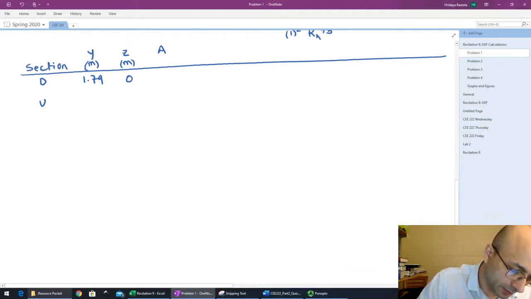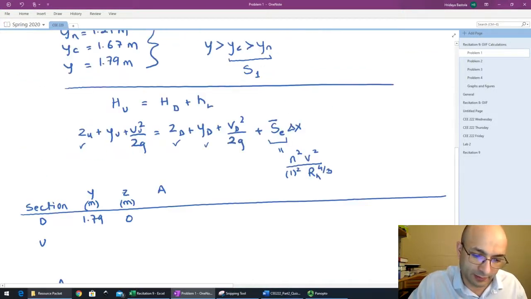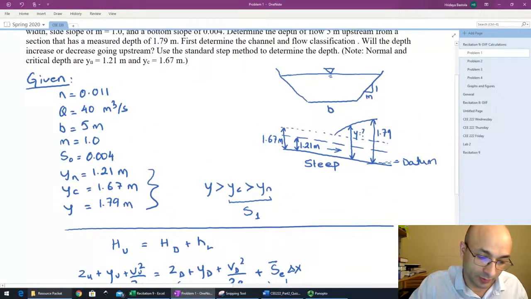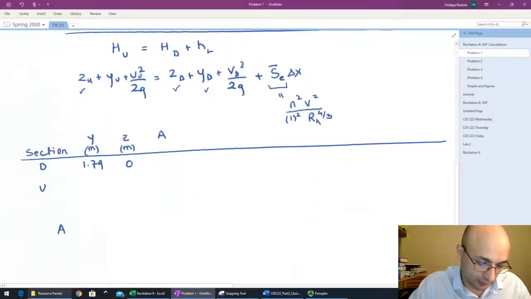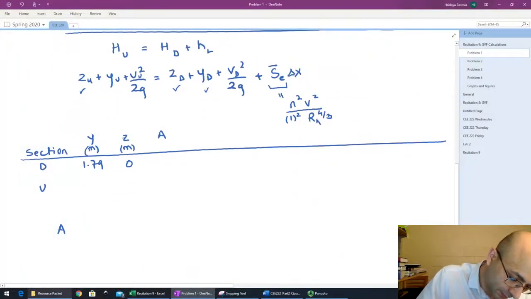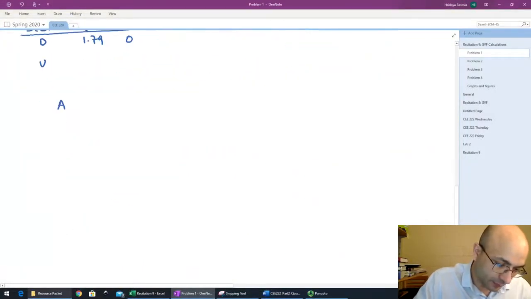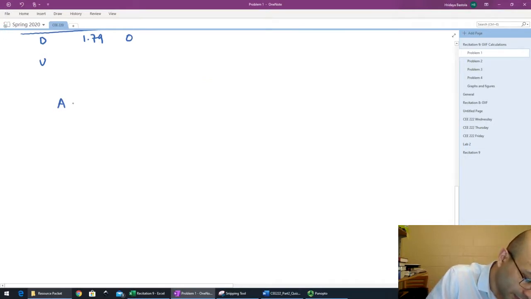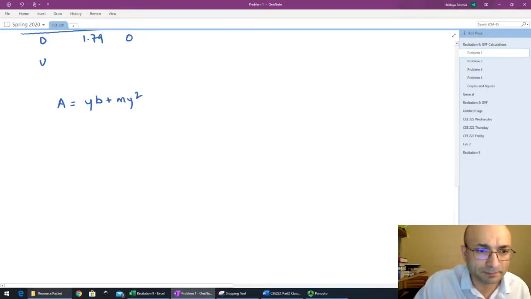Let's just write down the equations down here. Area for a trapezoidal channel is equal to yb plus my squared.